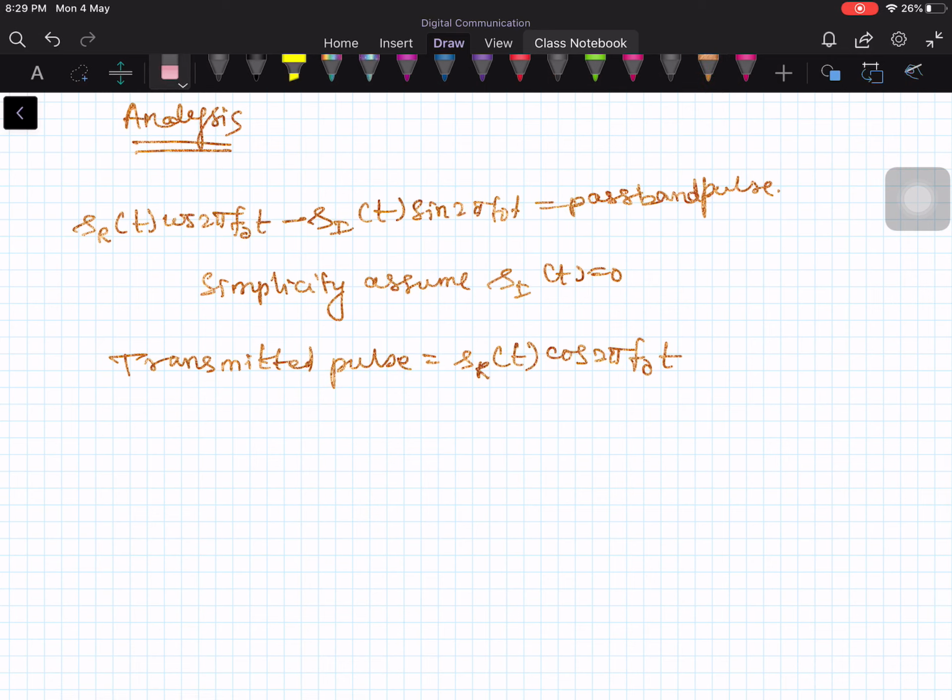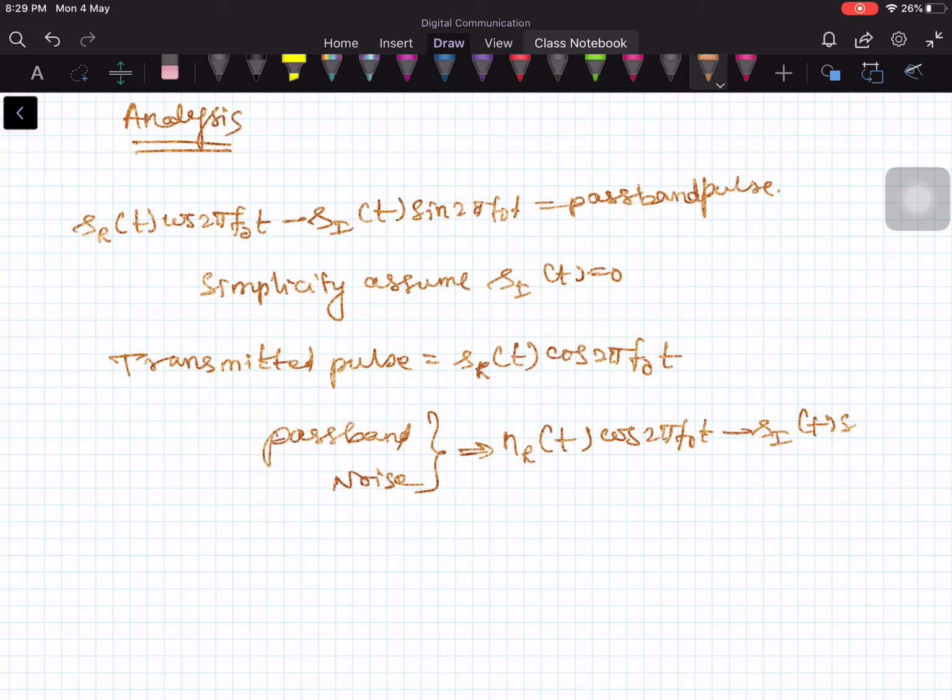What type of noise? Passband noise. But the passband noise has both an in-phase component and a quadrature component. So the passband noise is going to be n sub r of t times cosine of 2 pi f naught t minus n sub I of t times sine of 2 pi f naught t. This is my passband noise.